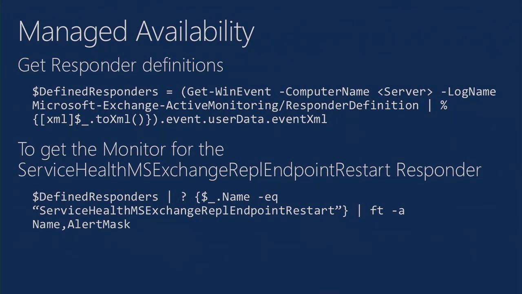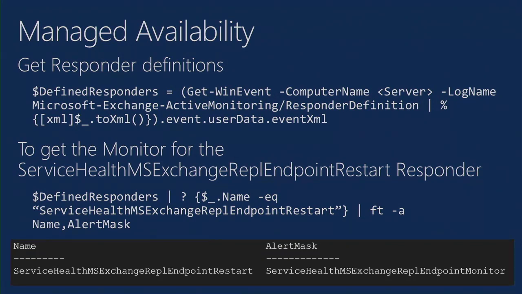So I can use the first one to get the responder definitions, and then because the other one was the ServiceHealthMSExchangeReplEndpointRestart responder, I can find out which monitor triggered that using the second command as well. And what I end up finding out is that the alert mask, which is the name of the monitor, is the one that you see here. I'm not going to say the name, it's too long.